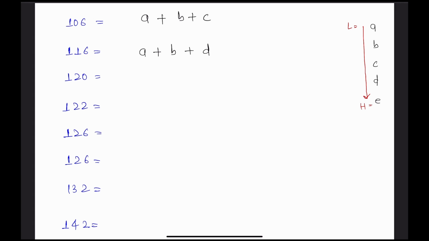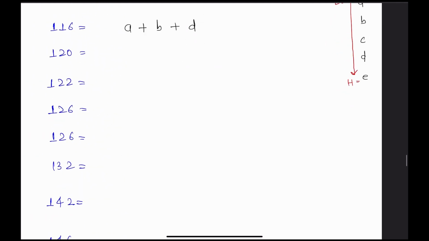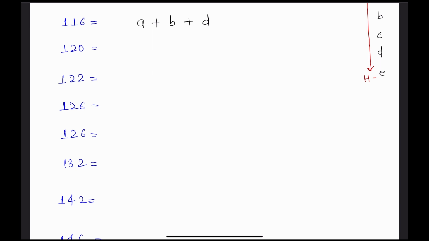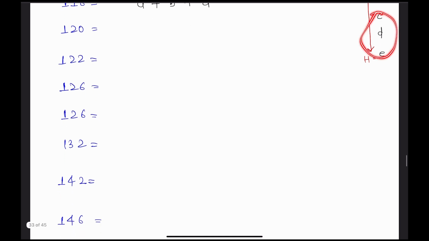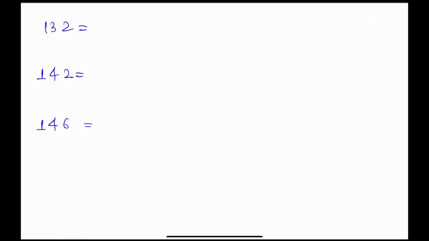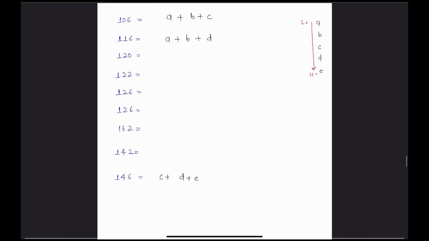For the third one, it will be complicated, we cannot say for sure. It might be a plus b plus e, or it might be possible that b plus c plus d is there. It totally depends upon the values. Similarly, the biggest one is nothing but c plus d plus e, and the second largest will be c plus d plus b.